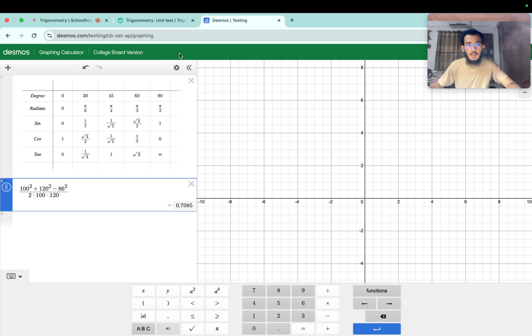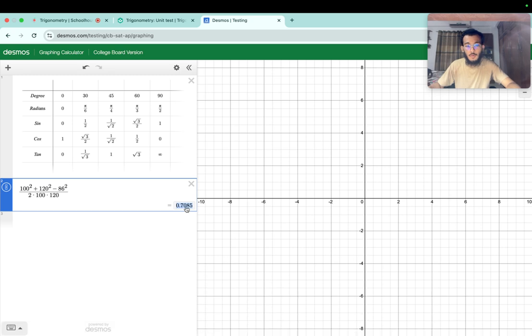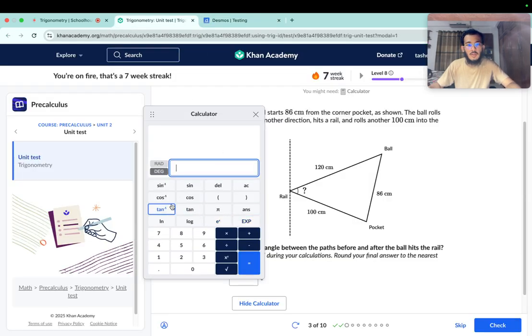Now we know that this is cos theta. I mean, this is the cosine rule: cos theta equals this thing. So cos inverse of this thing is our value.